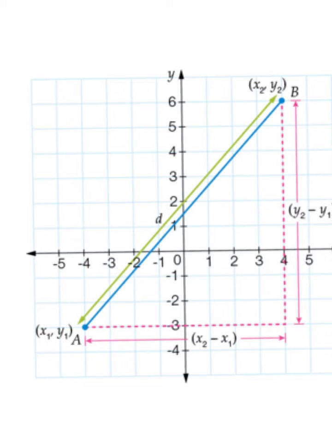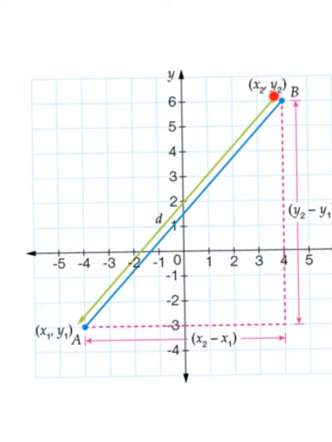Now to find the distance between these two points, we have to connect them with a straight line. So we do a vertical distance and a horizontal distance. The difference between the x coordinates will give us the length of one side of the right-angled triangle, and the difference between the y coordinates will give us the length of the other side.